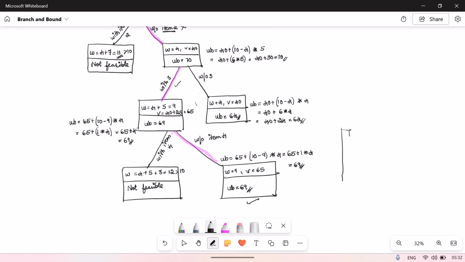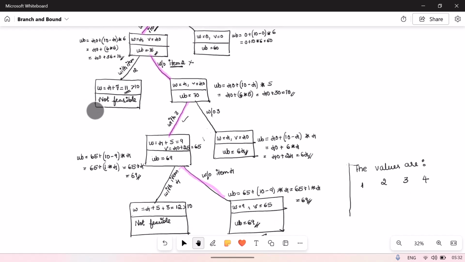So, the values are, there are 4 items. See, 1, 2, 3, and 4. Remember, first item was chosen with the item 1, right? So, this will get the value 1. And second item is not chosen because it says without item. So, this becomes 0.